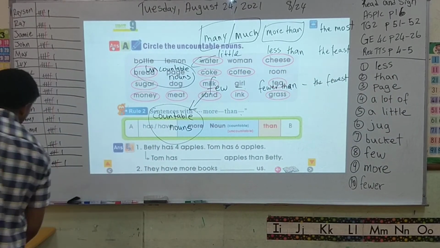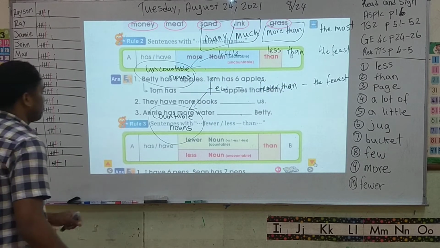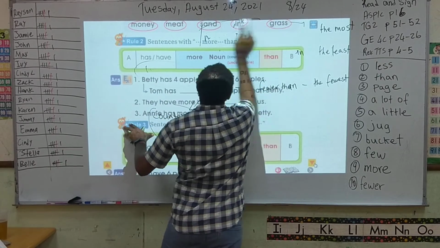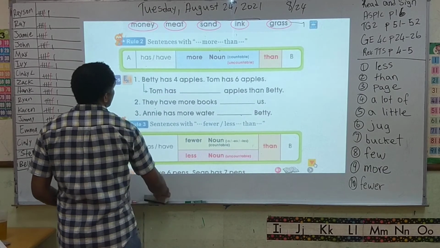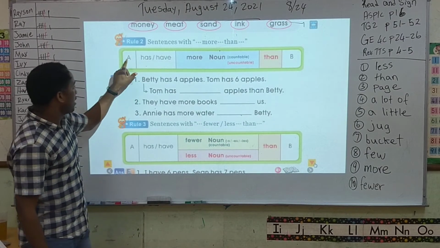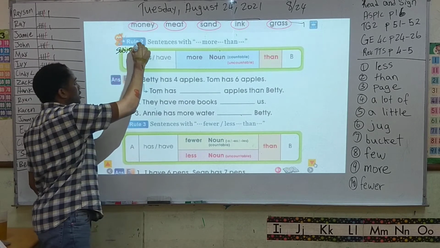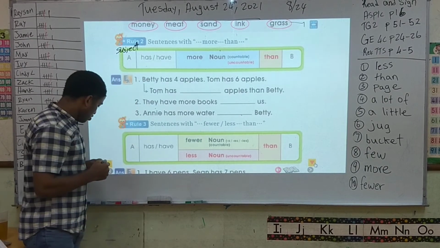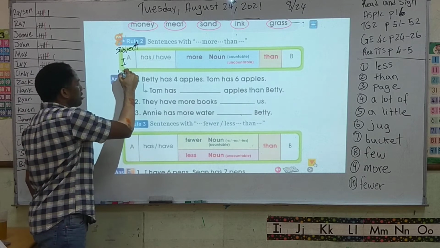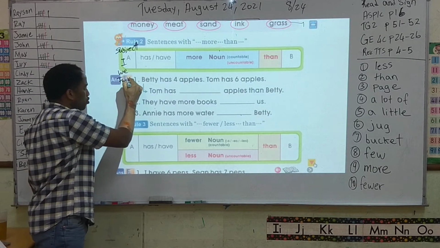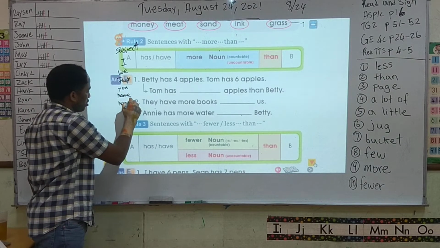Now let us go down to rule number 2. Remember, A means the subject. When you see subject, you remember it's like I, we, they, you, a plural noun, or a name plus 2.